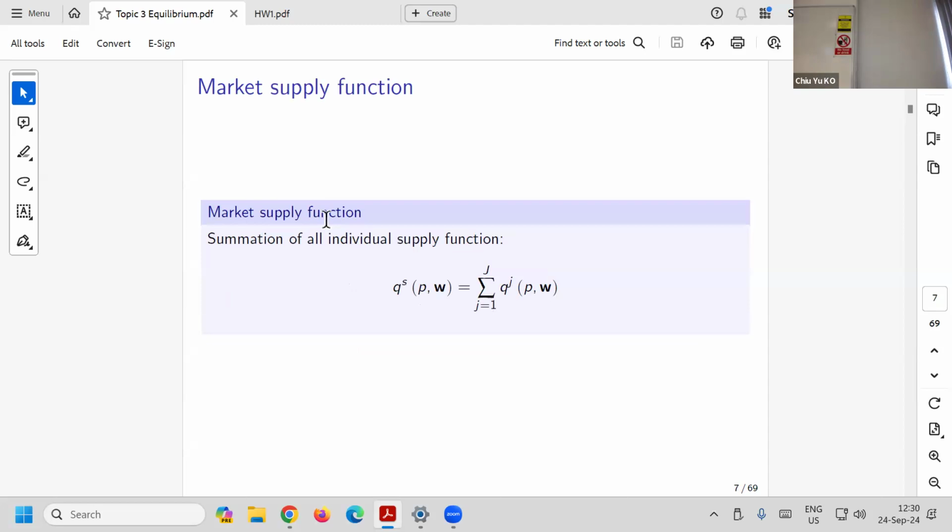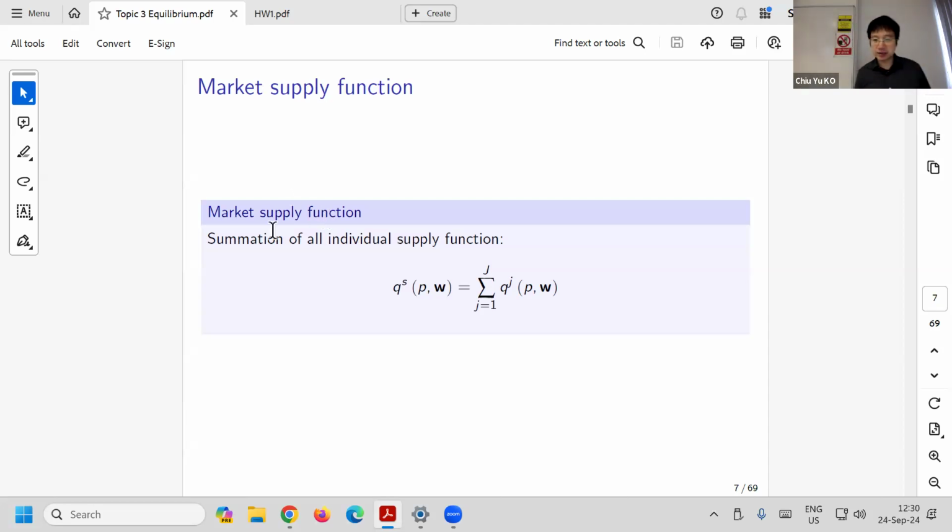We'll do it more in the game theory setup, but here everything you just add up, simple. If goods by different firms are not homogeneous, you can't simply add up. Different goods mean different things, even a different color can be called a different thing. What is the same or not the same can be a little bit of an issue here.